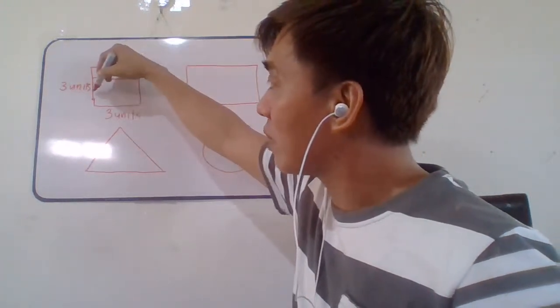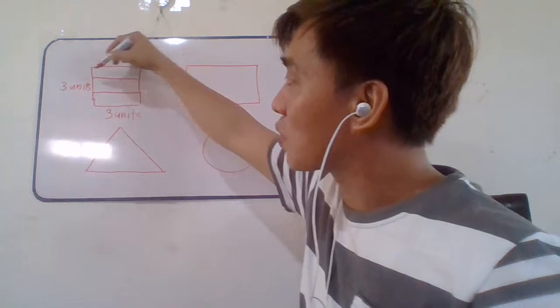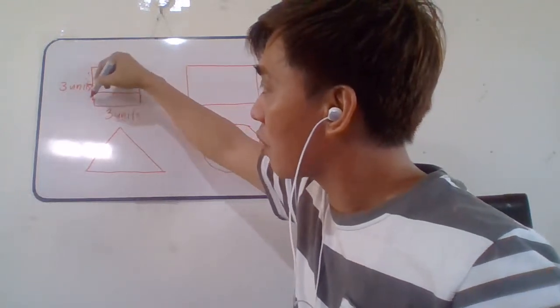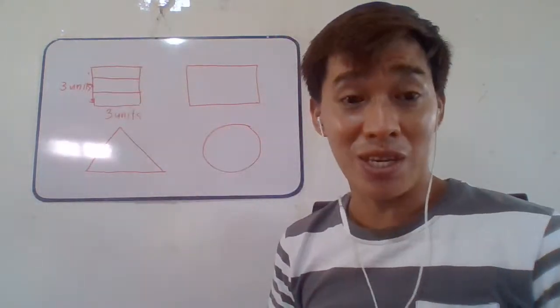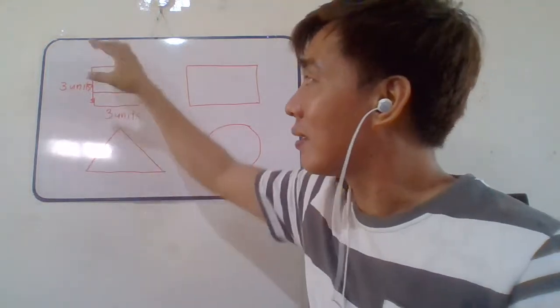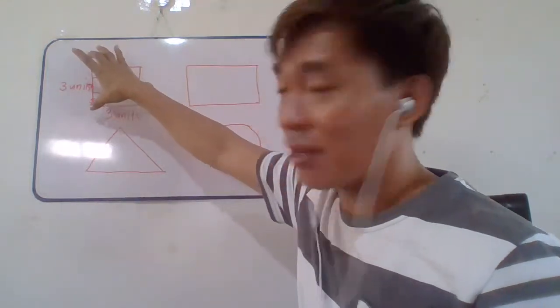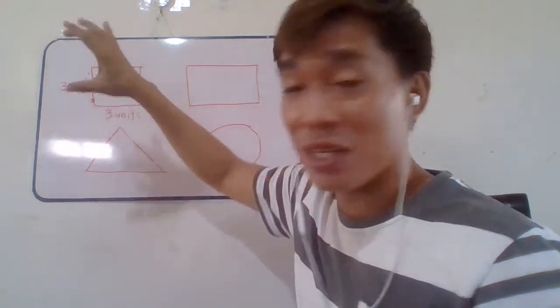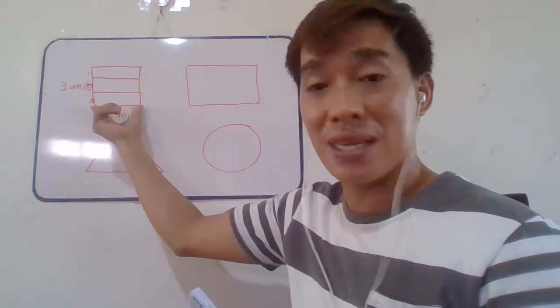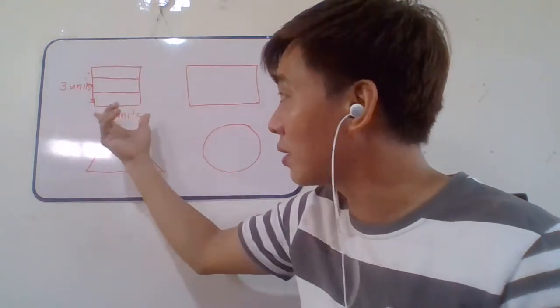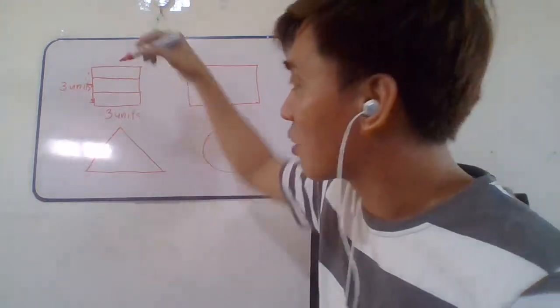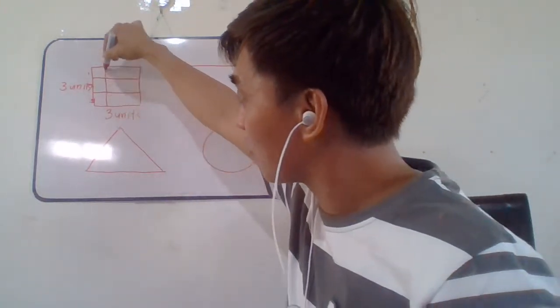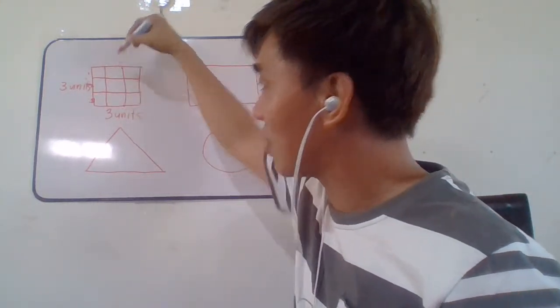So if this is 3 units, so for example, this is 1 unit and another unit. So 1, 2, 3 units. Okay, that's 3 units. This side here is 3 units, and of course the other side here, the top or the bottom, is also 3 units. So I will divide it into 3 units. So 1, 2, 3.